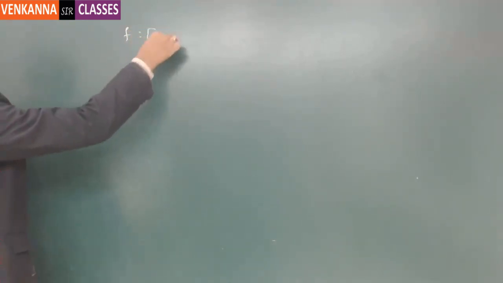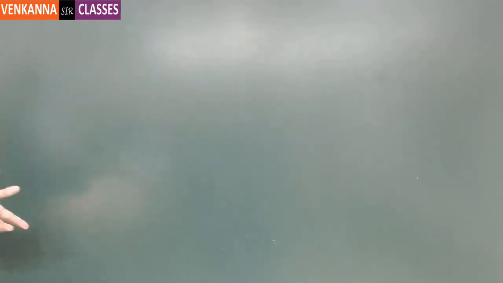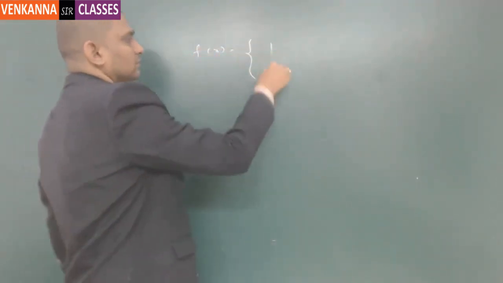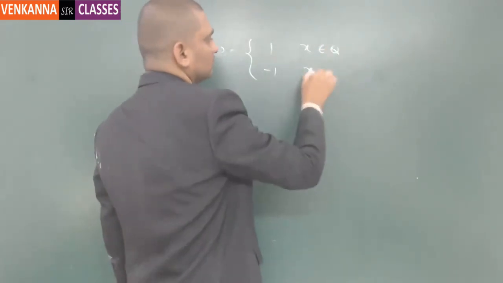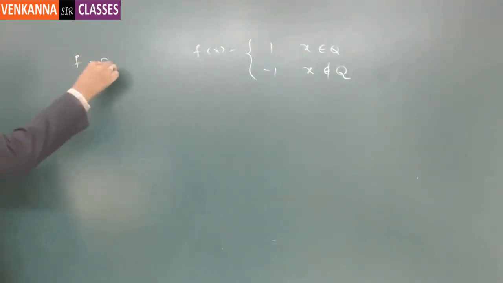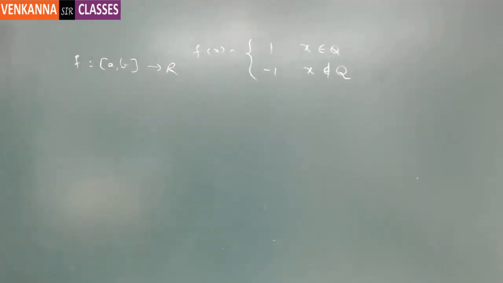So another thing is, suppose we have the function f from closed [a, b] to R defined like this: f of x is equal to 1 where x is rational, f of x is equal to minus 1 if x is irrational.